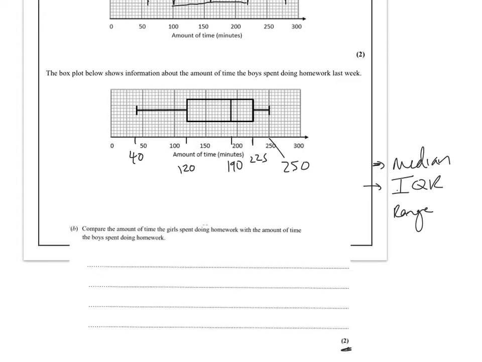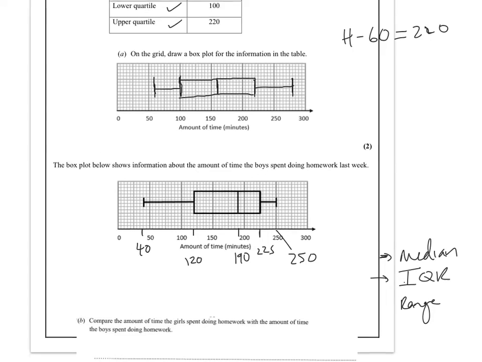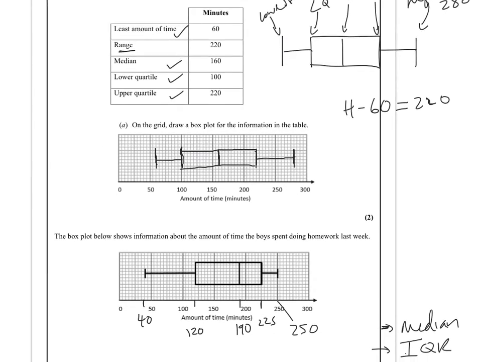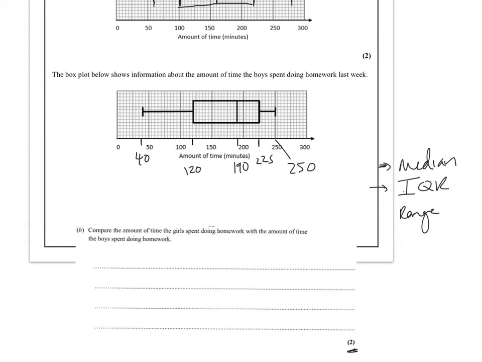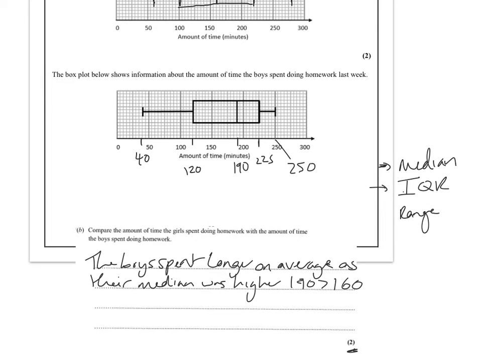So looking at the median for both, the boys' median was 190, the girls' median was 160. So I can say that the boys spent longer on average because their median was higher. Now I'm going to compare the interquartile ranges. So for the boys, the interquartile range is 225, take away 120, so that is 105.